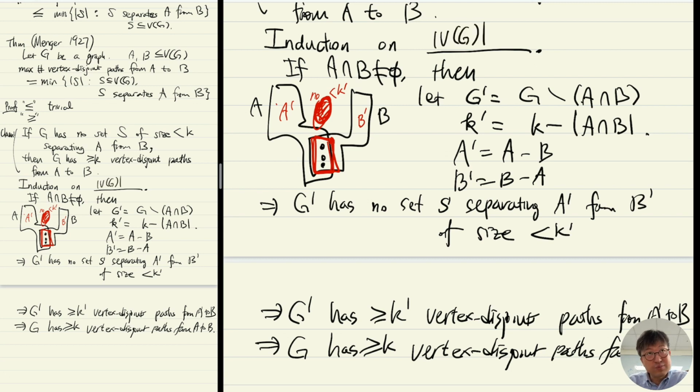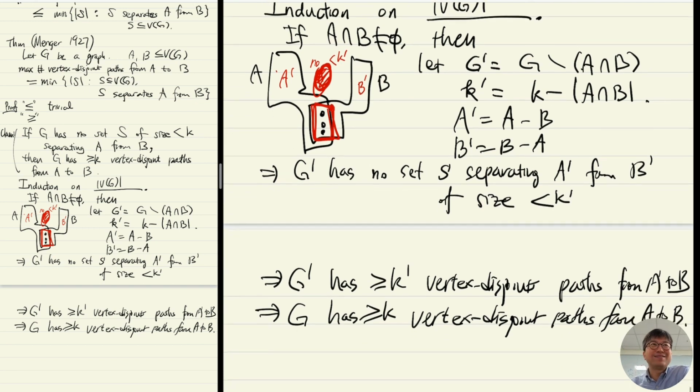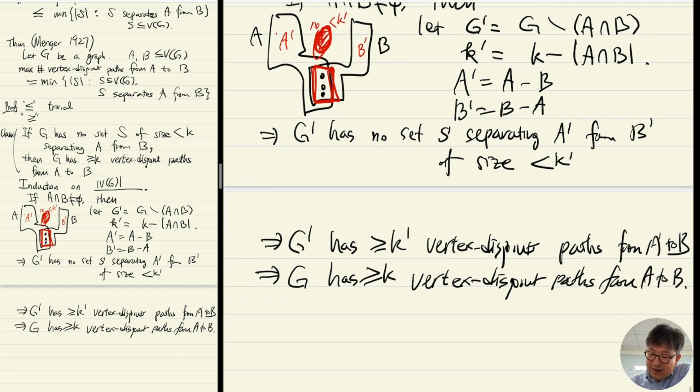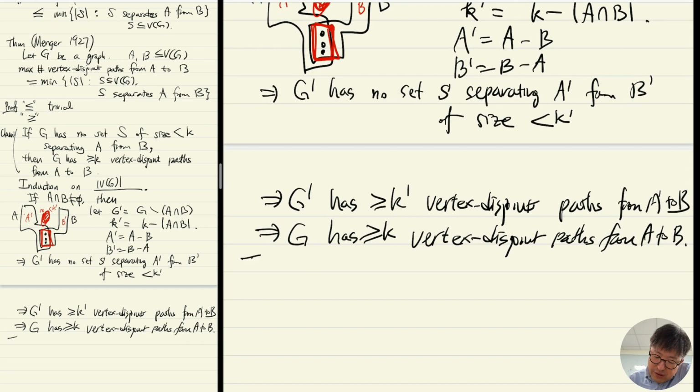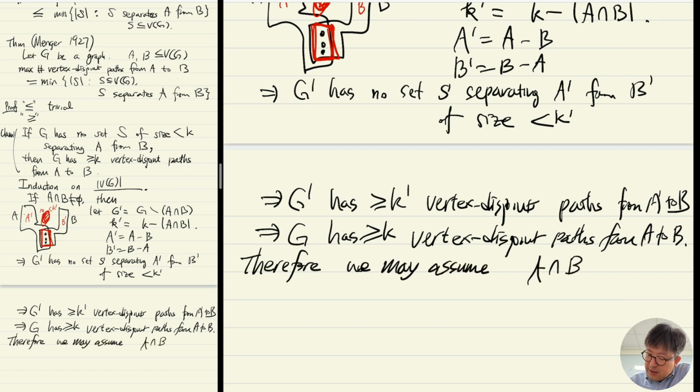So I will put it here. I know for sure that the number of vertices decreases in this argument, so if I put it into the parameter, then I'm fine so far. But later I may have to modify it. Therefore, we may assume A intersection B is empty.